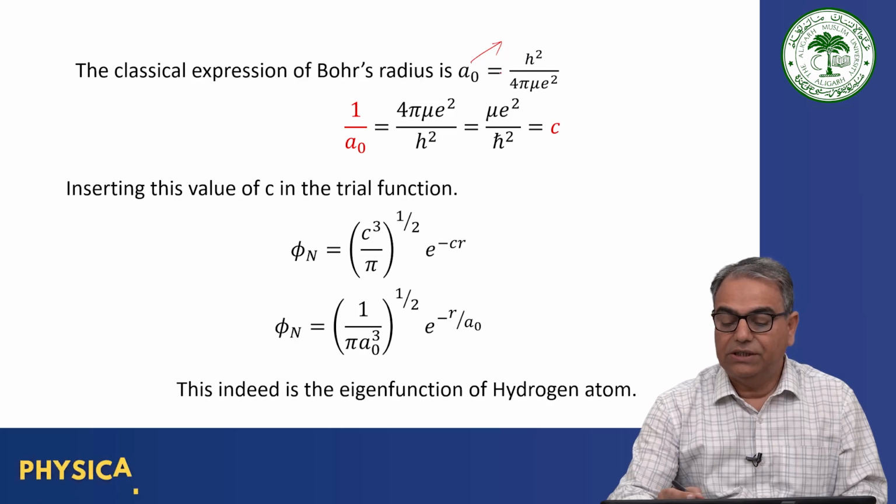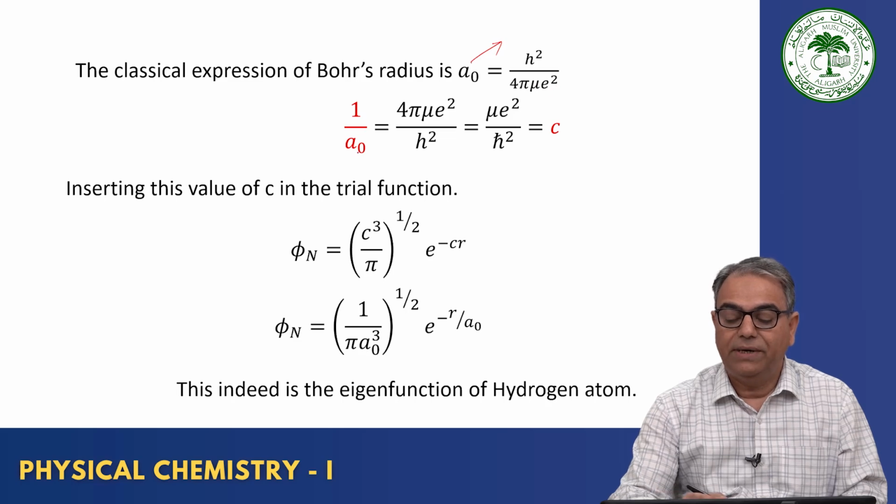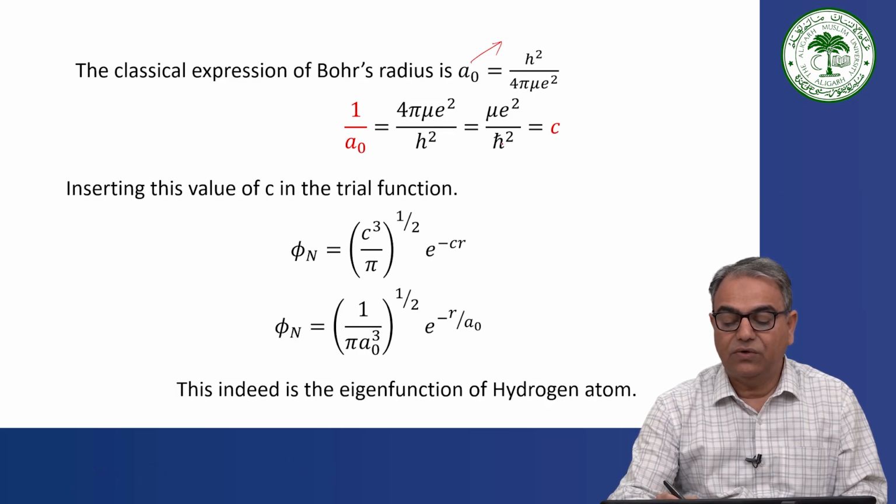So the ground state Bohr's radius is h square divided by 4 pi mu e square. So 1 by a naught, if you write, what do you get? You get 4 pi mu e square divided by h square. And 4 pi h square you can write as h cross square. So it is mu e square divided by h cross square, and this is the c value which you obtain.